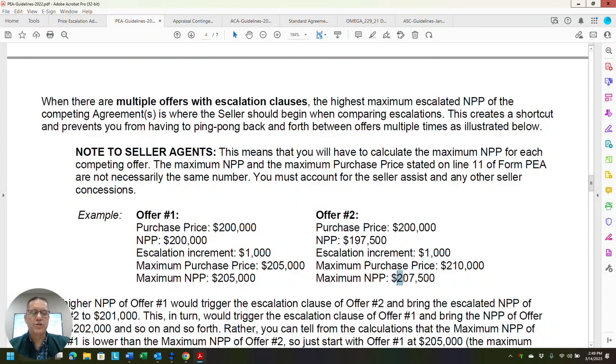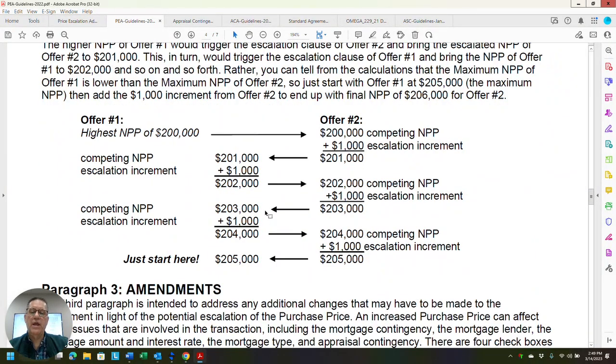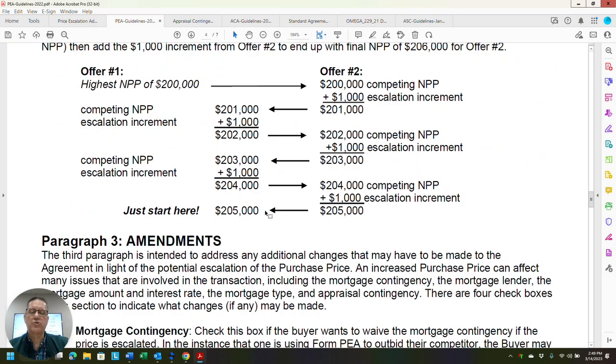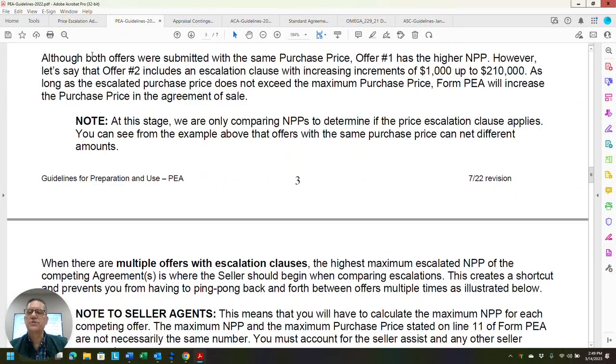So the maximum purchase price on this side is $207,005, and over here, their maximum is $205,000. So at the end of the day, offer number 2 will win because they have a higher maximum net purchase price. So I highly recommend you read this, and it'll give you a really good description of how to apply the escalations as a listing agent.